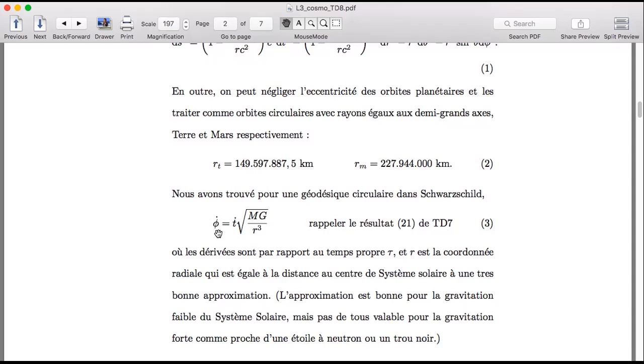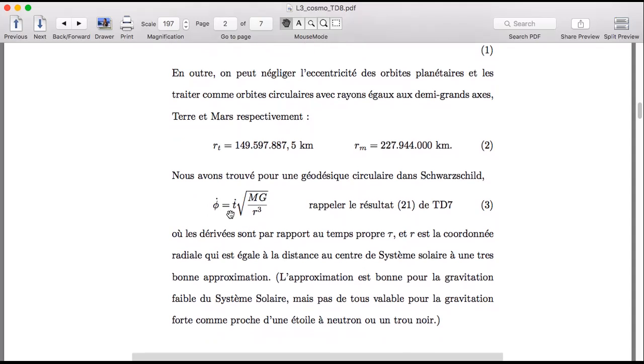Actually no, sorry, you'd have to do some calculations. You'd have to take the ratio of this angular velocity and this rate of change of time here to have the rate of change of angle with respect to coordinate time. You'd have to get rid of the proper time, but anyways, you can get to Kepler's approximation from this.